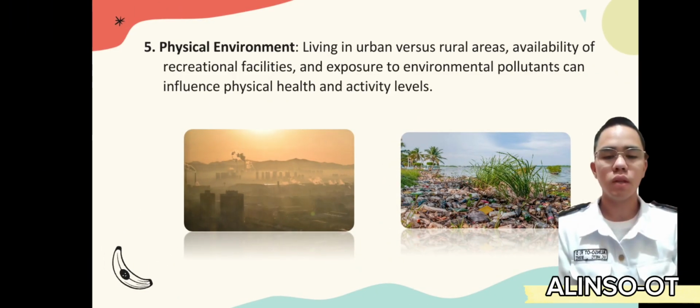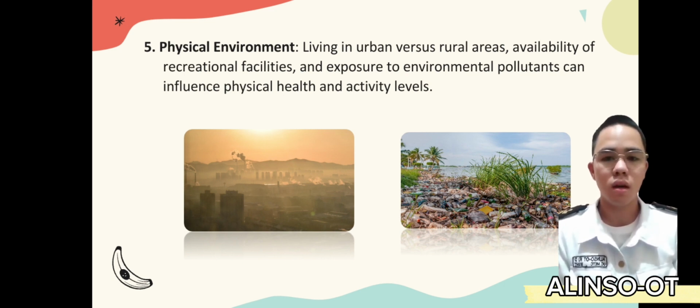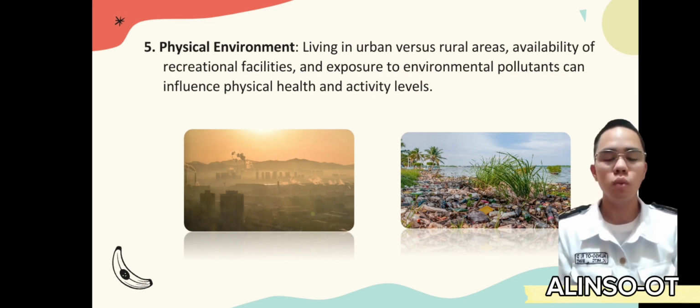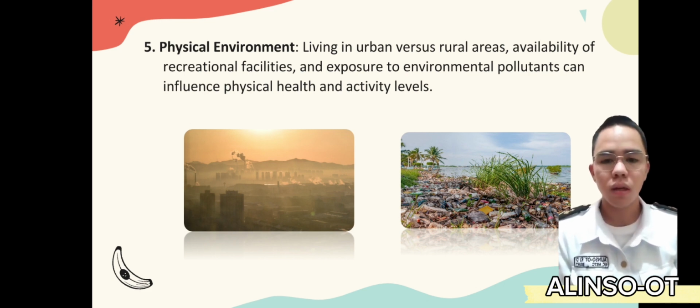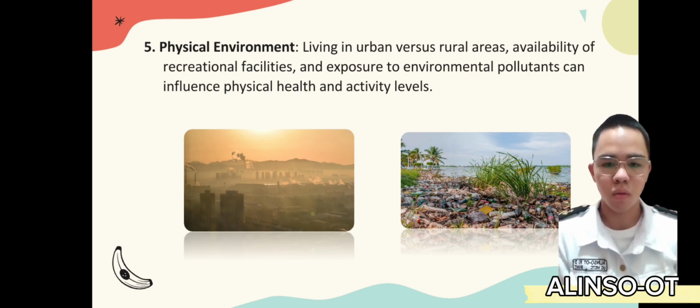Number 5. Physical environment. So, when we talk about environment, it is our surroundings. For example, in terms of the health aspect, what we feel inside our body also affects our physical self. So, of course, if the air quality that we inhale is not good, it will lead to certain illnesses such as asthma and bronchitis because of the pollutants.